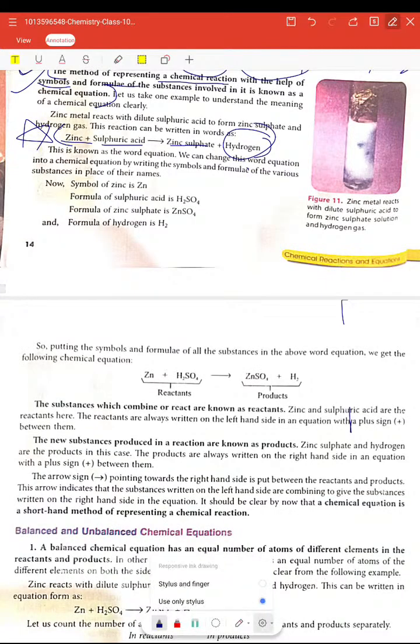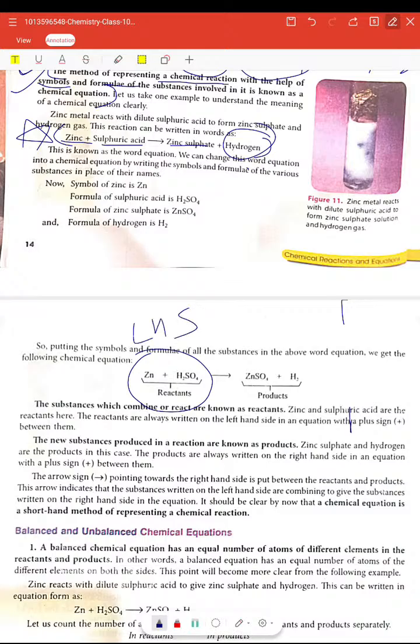Now the left hand side part of the chemical reaction is called the reactant, and the right hand side part of the reaction is called the product.